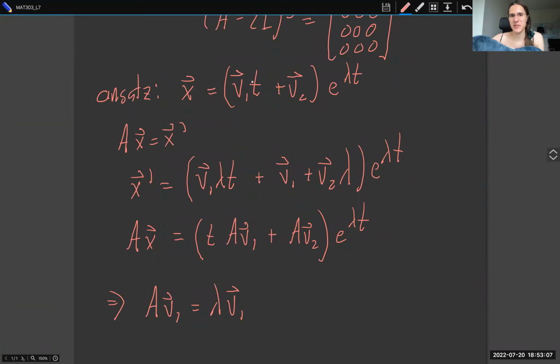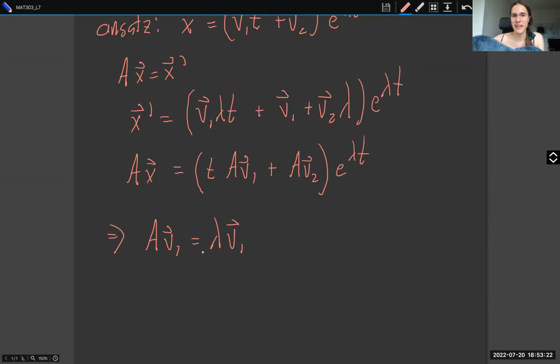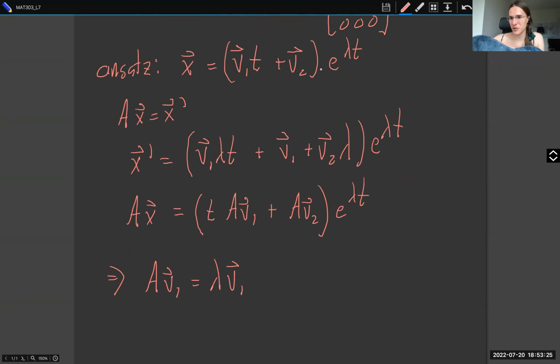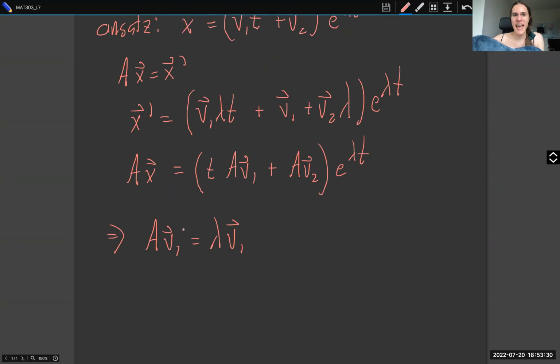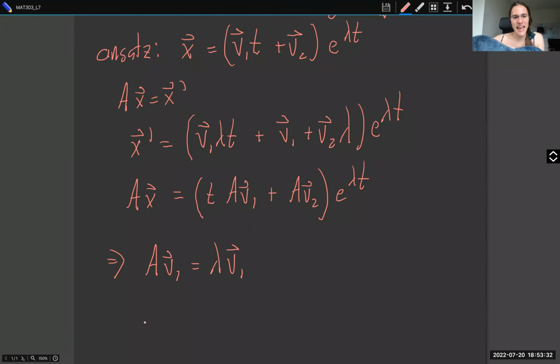So if t were 0, then v2 would have to be an eigenvector. But if v1 were 0, then v2 would have to be an eigenvector. But if v1 is not 0, then we get a more general condition. So v1 has to be an eigenvector, which is surprising, because usually you'd think that v2 has to be the eigenvector, but no, it's actually v1, and that's correct. And the second condition that we get is that A of v2 is equal to v1 plus lambda v2.